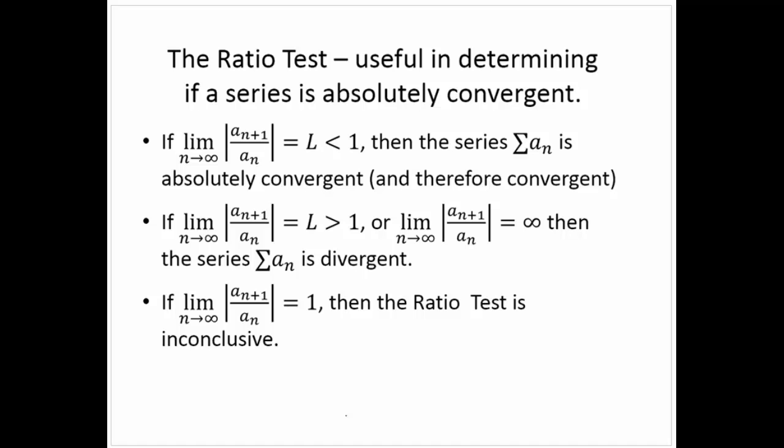The ratio test says if the limit as n approaches infinity of the absolute value of the n plus first term over the nth term of the sequence is L, where L is less than 1, then the series is absolutely convergent. If, however, that limit is greater than 1 or infinite, then the series is divergent. And if the limit is exactly 1, then the ratio test is inconclusive and we have to try something else.